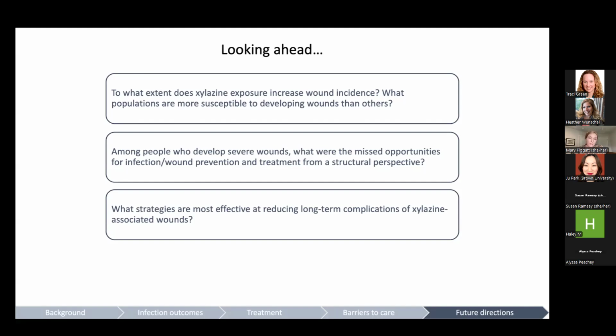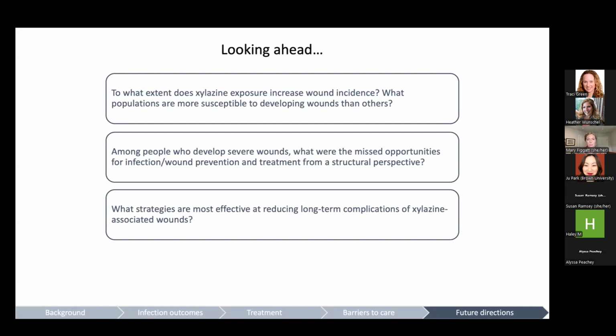While the evidence showing the association between xylazine and some of these severe wounds has become much more documented and acknowledged, we still don't really know, as far as I'm aware, to what extent xylazine exposure increases wound incidence among people who use drugs. And we also don't know why some people might be more susceptible to developing wounds than others.